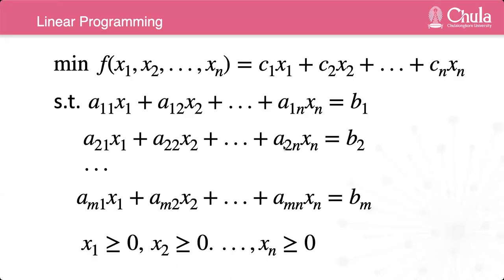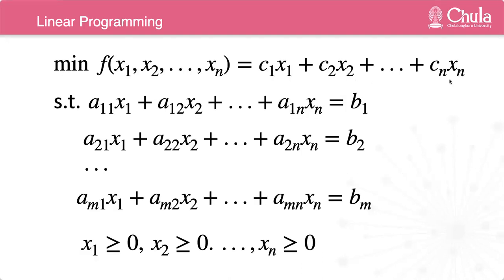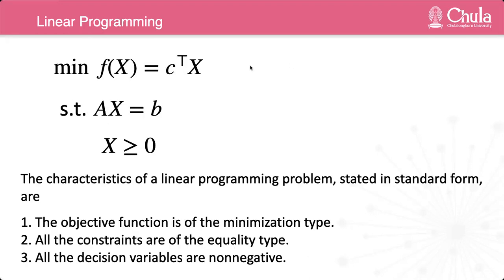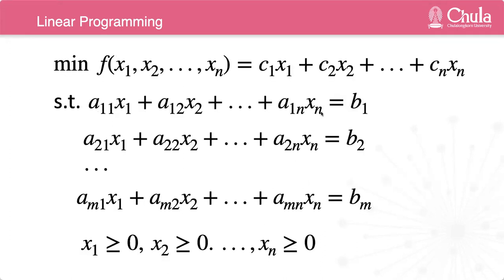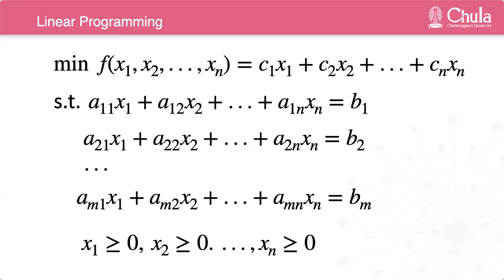You see that it's quite long to write such a long function. So we can write this as a vector: C transpose X. And if we look at the constraint, of course, this is very easy to write as AX equal B. So X must be a vector, and A must be an M by N matrix.